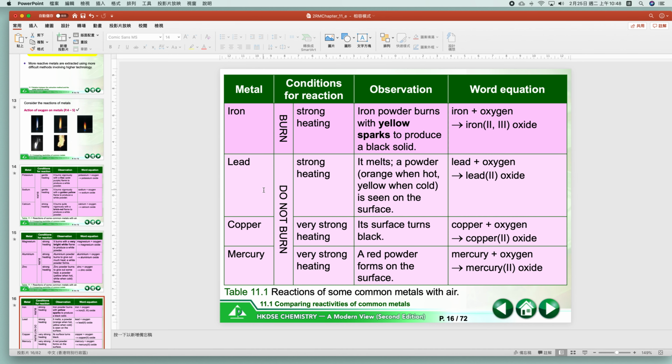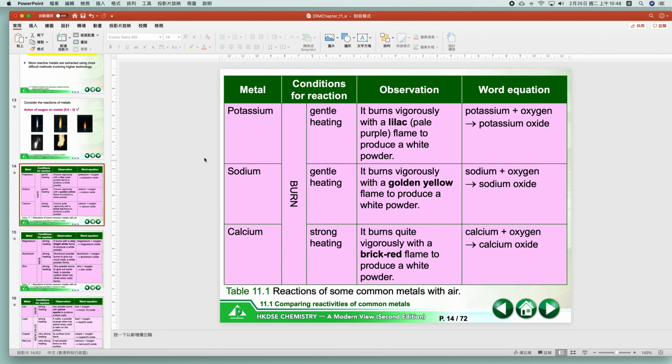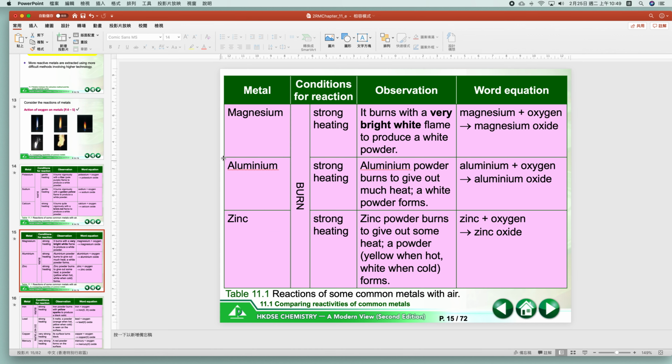But the least reactive metals do not burn. Also, when we compare their behavior on the Bunsen flame, you can see that the more reactive metals burn already, even if we provide gentle heating. But for the less reactive metals, if we want them to burn, we should provide strong heating.